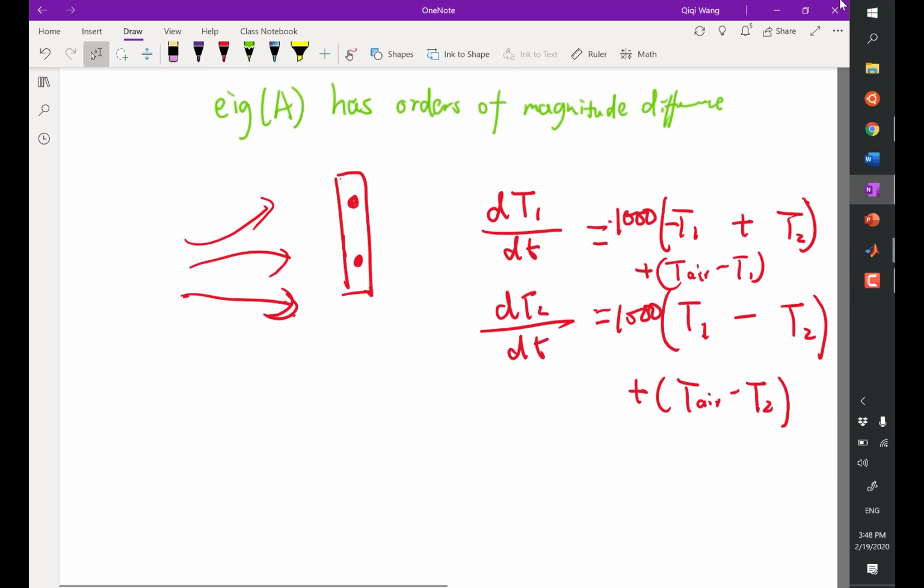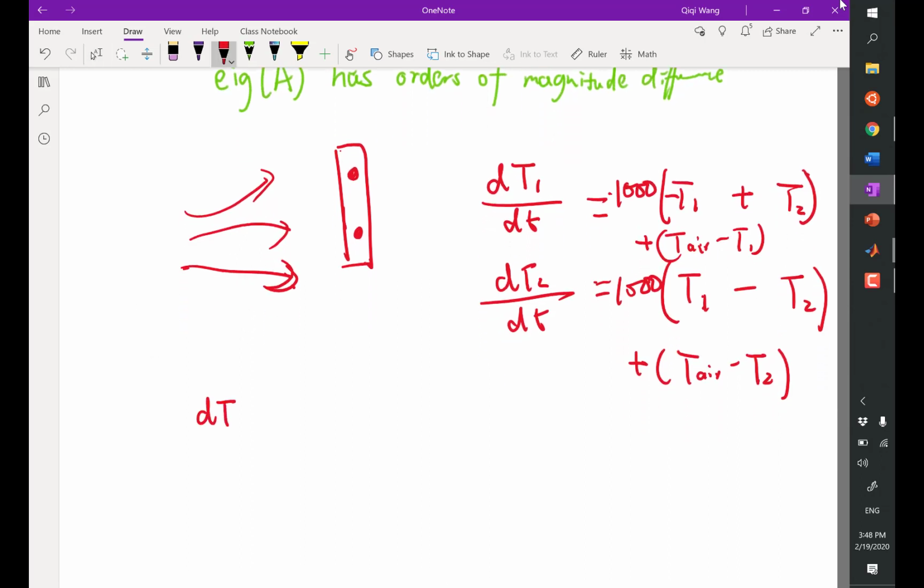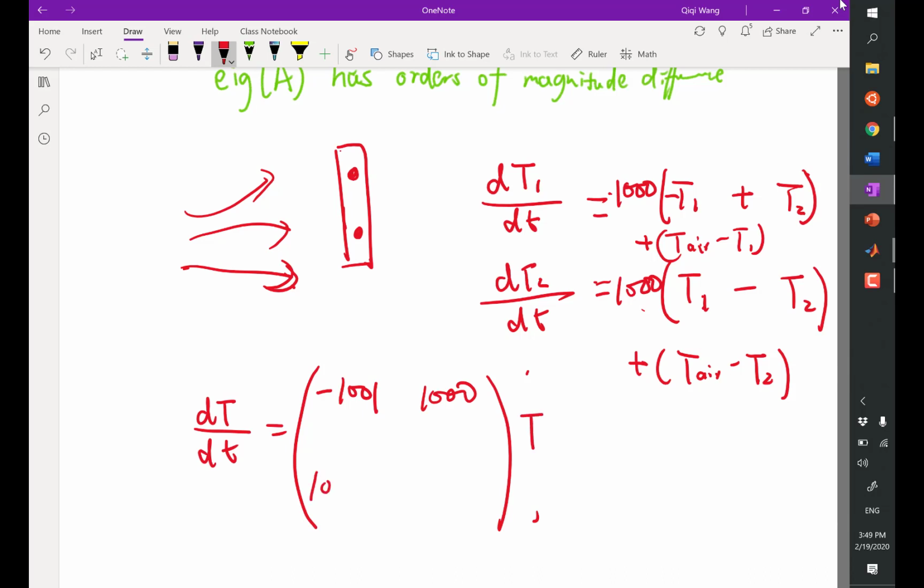And if you discretize the equation dT over dt, what you get is that the coefficient on T1 is going to be minus 1001. On T2 is going to be plus 1000. On the second equation, the first component is going to be 1000. On the second component is going to be minus 1001, right? If you analyze the eigenvalue of this matrix, what do you think you're going to get?